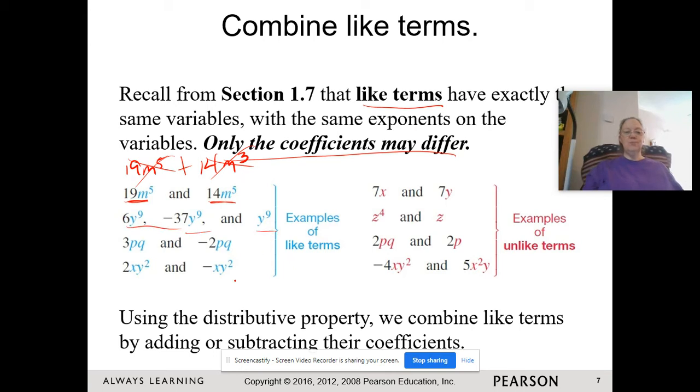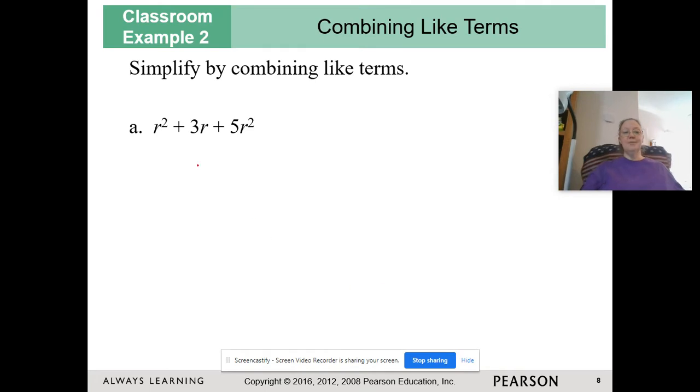Some more examples of like terms. If I have 7x, 7y, those are not like terms. -4xy squared, 5x squared y, not like terms. So you have to have the exact same variable with the exact same exponent. Okay, so my r squared and my 5r squared, those are like terms. They have the same variable, same exponent.